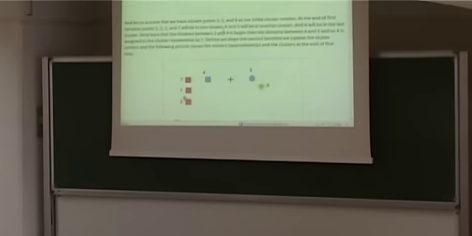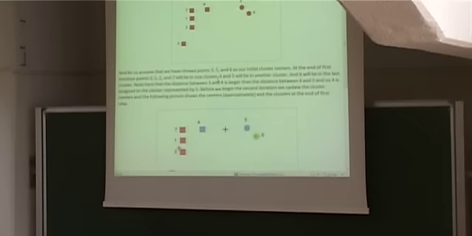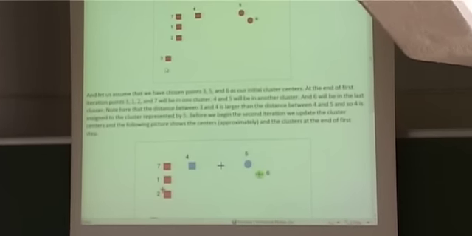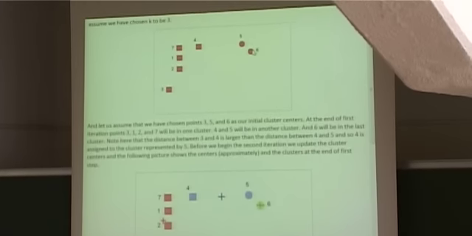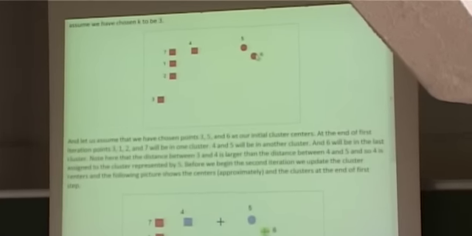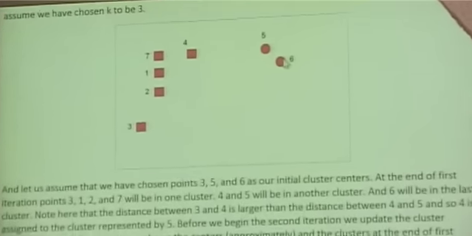But let's assume initially we use the approach described on our slides, and we choose points 3, 5, and 6. So 3, 5, and 6 are chosen randomly as the cluster centers of these 3 clusters.